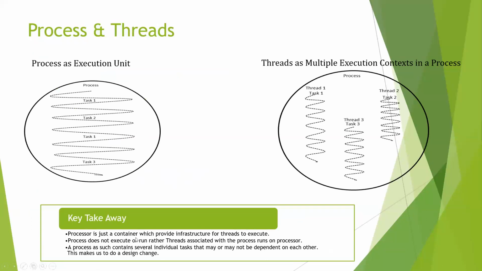A processor is just a container which provides infrastructure for threads to execute, right? You can consider the CPU that infrastructure, whereas the threads go and execute on the CPU. It is just a container which allows threads to execute.